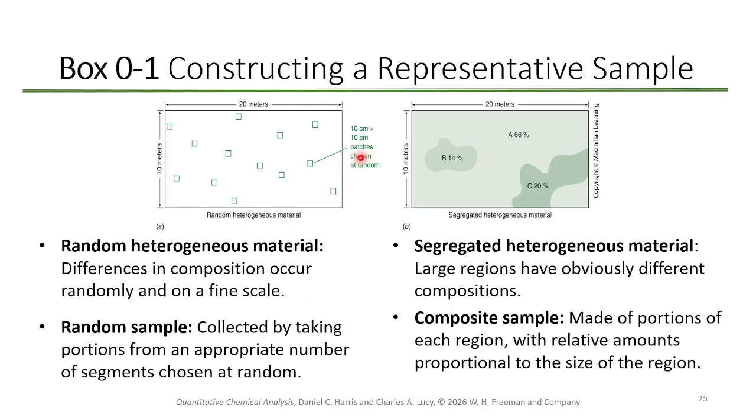Typically, if you take large enough areas, and if you take multiple areas, it's going to avoid that. A random sample is collected by taking portions from an appropriate number of segments chosen at random. And if you choose enough at random, then the chance that you're going to have any statistical effect on your final result is very low.